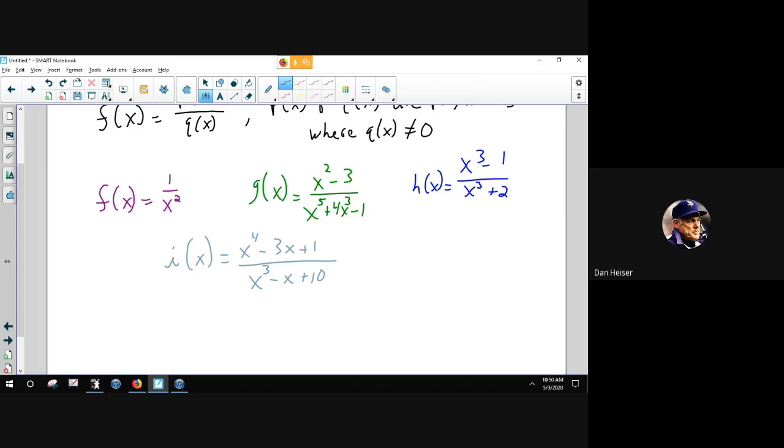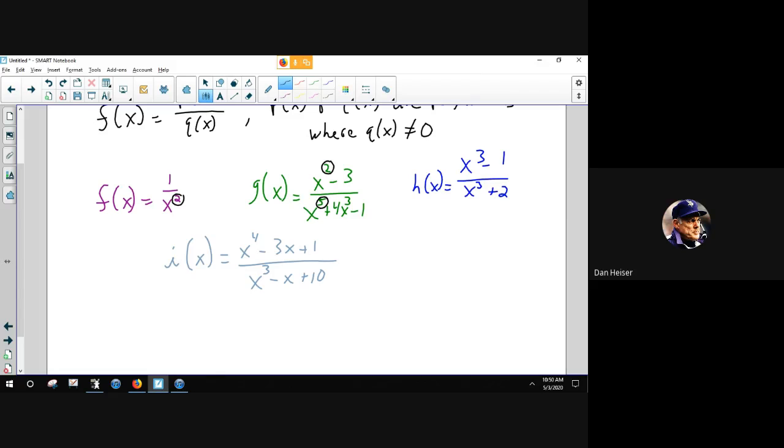So when I look at f of x, the denominator has a degree of 2. That's the highest power in any term. The degree of the numerator is 0 because there is no variable there. Looking at g of x, the degree of the numerator is 2, the degree of the denominator is 5.